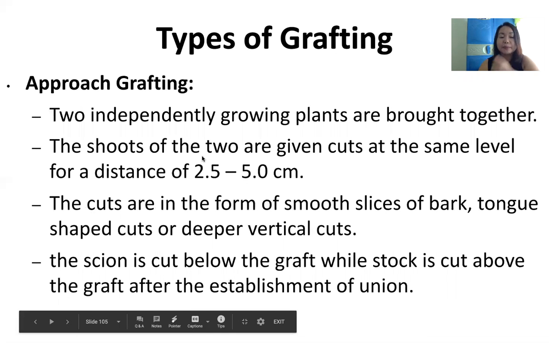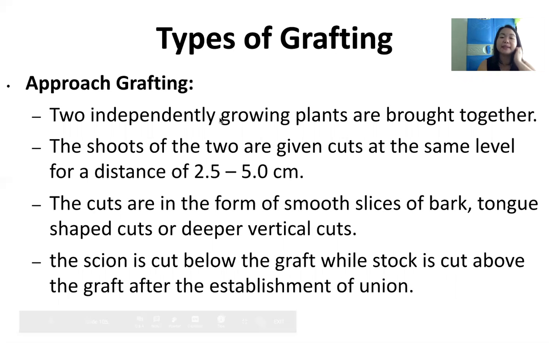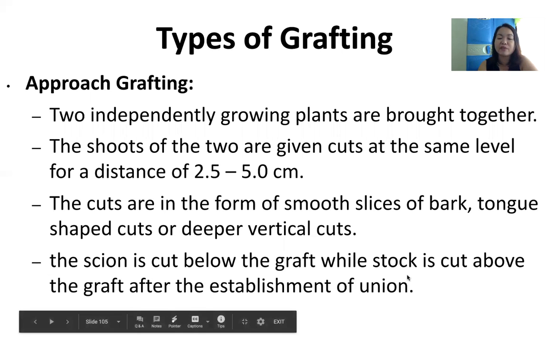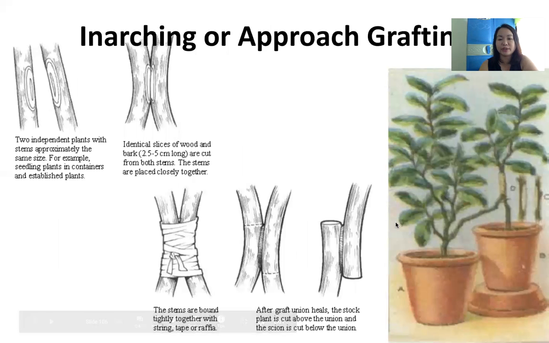We also have the approach grafting, wherein two independently growing plants are brought together and the shoots of the two are given cuts at the same level for a distance of about 2.5 to 5 centimeters. The cuts are in the form of a smooth slice of bark, tongue-shaped cuts, or deeper vertical cuts. The scion is then cut below the graft, while the stock is cut above the graft after the establishment of the union.